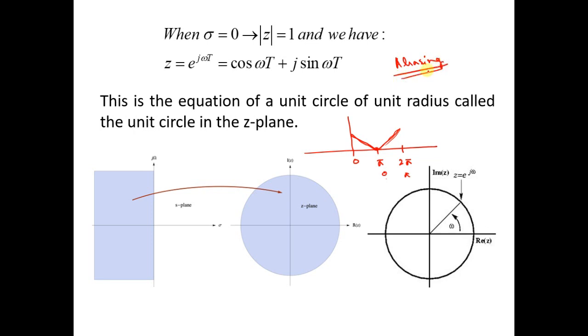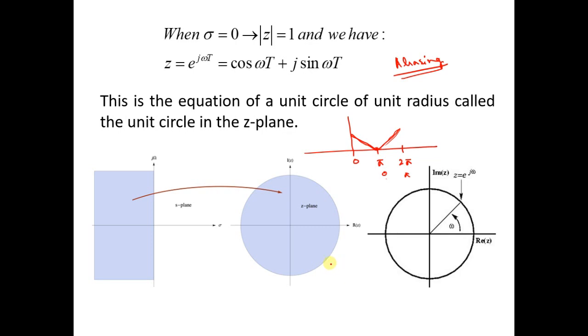Once a signal is aliased, that means it has already been distorted. You do whatever, you will not be able to get back the original signal. The only way to prevent aliasing is to increase the sampling frequency.